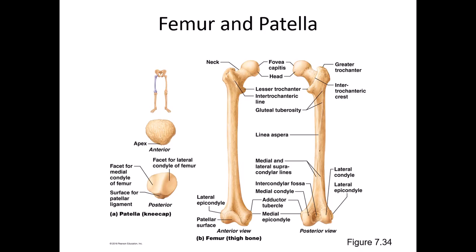There's a little bit of rotation that has to occur to put the tibia in position to be able to flex. So because we have biaxial movement at the knee, 2 degrees, one from flexion and extension, and then one from that little bit of rotation, it's a modified hinge joint because a true hinge joint is only uniaxial.